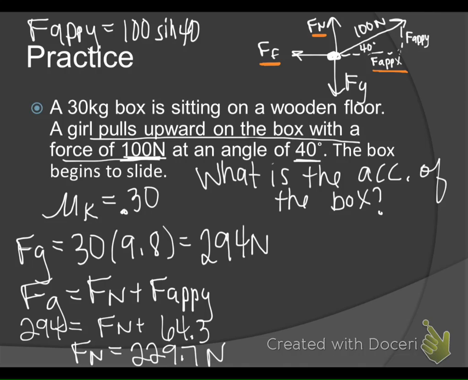Okay, so now if we want to find frictional force, can we do that? Yeah, because we have the normal force and we have the coefficient. So let's find force of friction here. 0.3 for our coefficient. That's given to us over here.